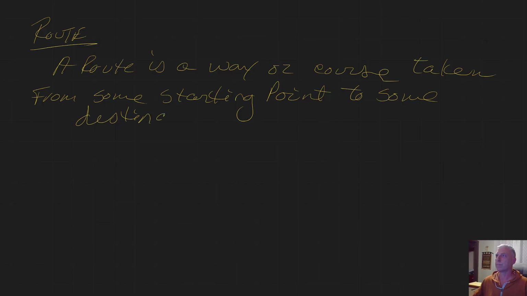Pretty simple. Nothing fancy there. Some examples of a route are a highway, a trail, maybe. What else? I mean, even, I don't know, a runway is a route. Of course, a railroad.